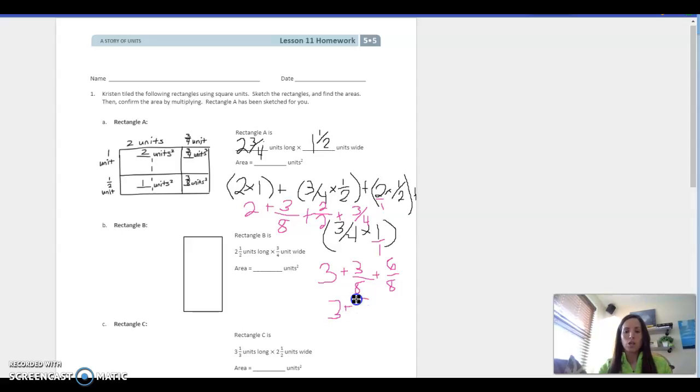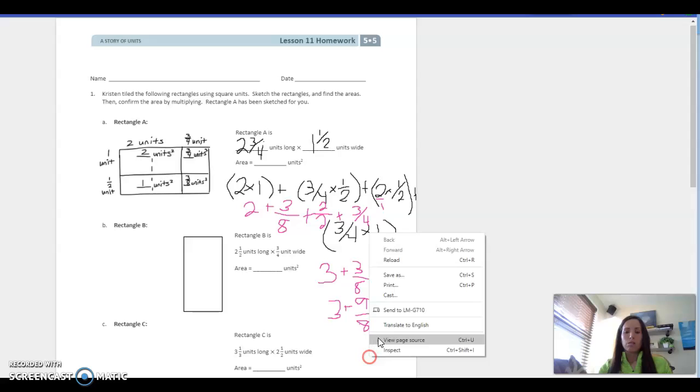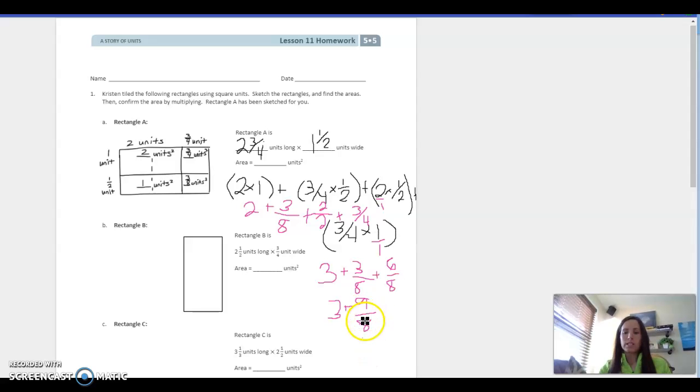9 over 8, which 9 over 8 is what type of fraction? It's an improper fraction, which means that there's a secret little whole number inside of there. So 8 can go into 9 one time, and then how many leftovers? 1 leftover.